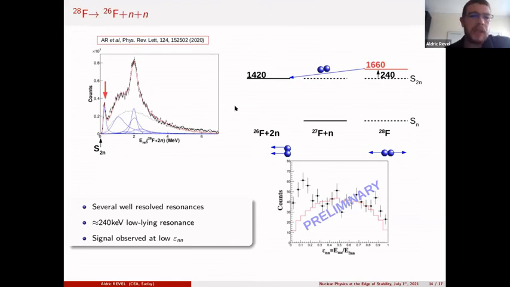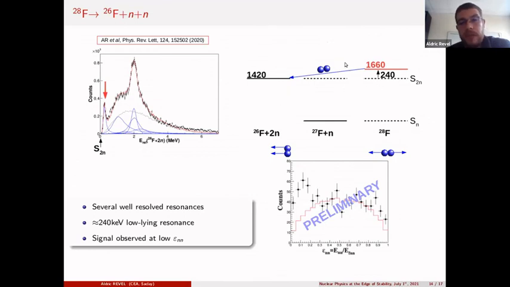In this case, we can reconstruct this relative energy spectrum, where we also see several well defined resonances, and in particular one which is very narrow and close to threshold at about 240 keV. Even if the unbound spectroscopy of fluorine-27 has not been performed yet, it is believed from preliminary analysis that there are no resonances available in this area.